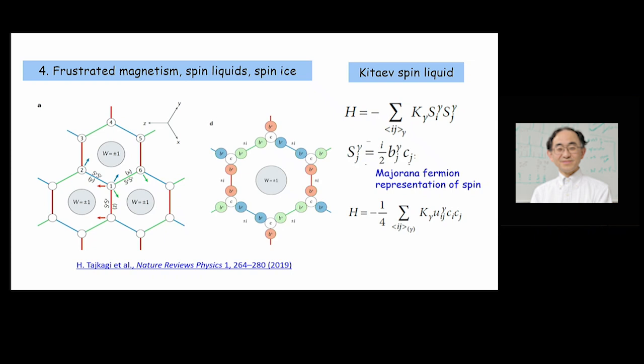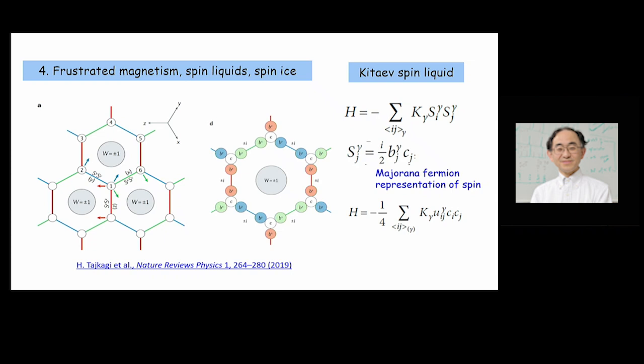You have XX, YY, ZZ Ising type interactions for different directions of the bond. But once you have this Kitaev Hamiltonian, surprisingly, its spin operator can be decomposed into Majorana fermions in this way, right? If we write down this Hamiltonian in this Kitaev Majorana expression, then it becomes free Majorana fermions.